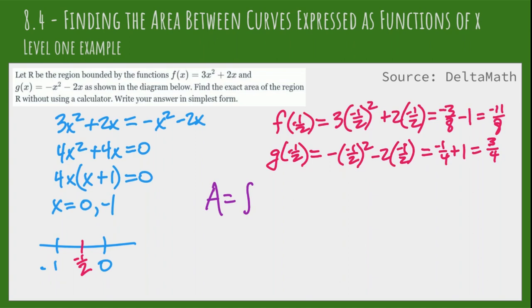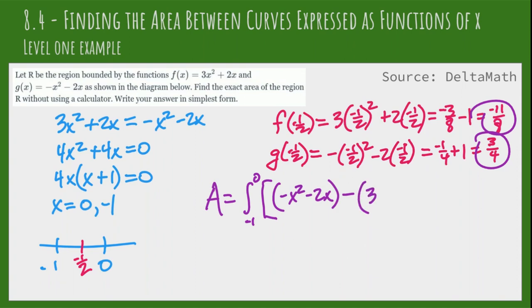The area is going to be the integral from our left intersection, negative 1, to our right intersection, 0, of the top function. Remember, g is on top. So the top function is negative x squared minus 2x, minus the bottom function, 3x squared plus 2x, with respect to x.